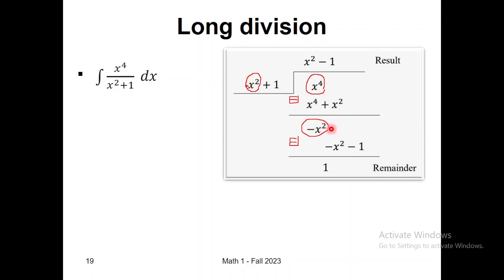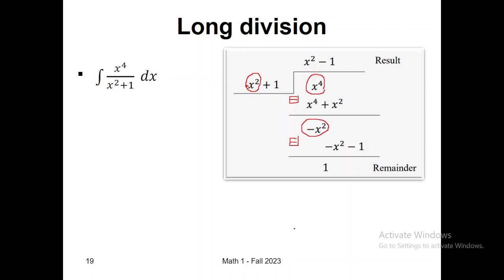But here, the division is not yet complete because we have an expression of degree 2 divided by another expression. So you stop the division when the degree of the result is smaller than the degree of the expression in the denominator. Now, what is the result? Division in general has a quotient and a remainder.